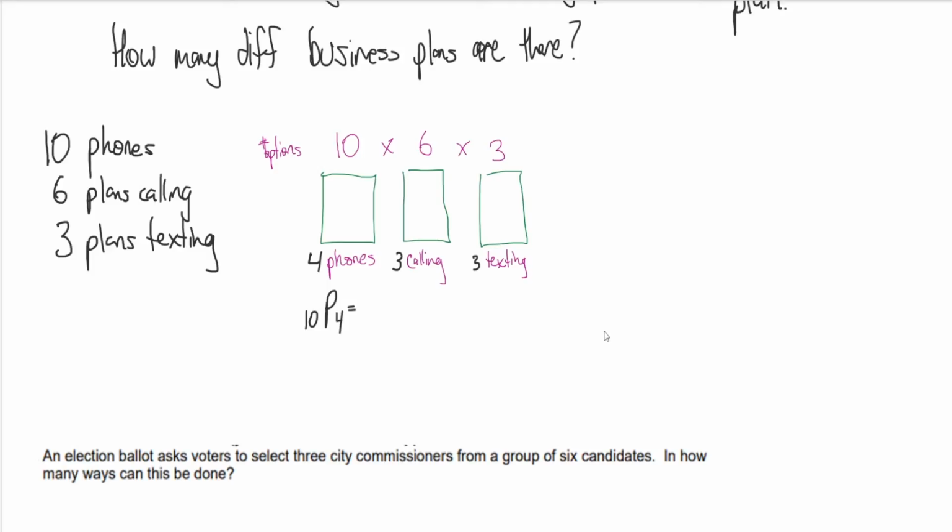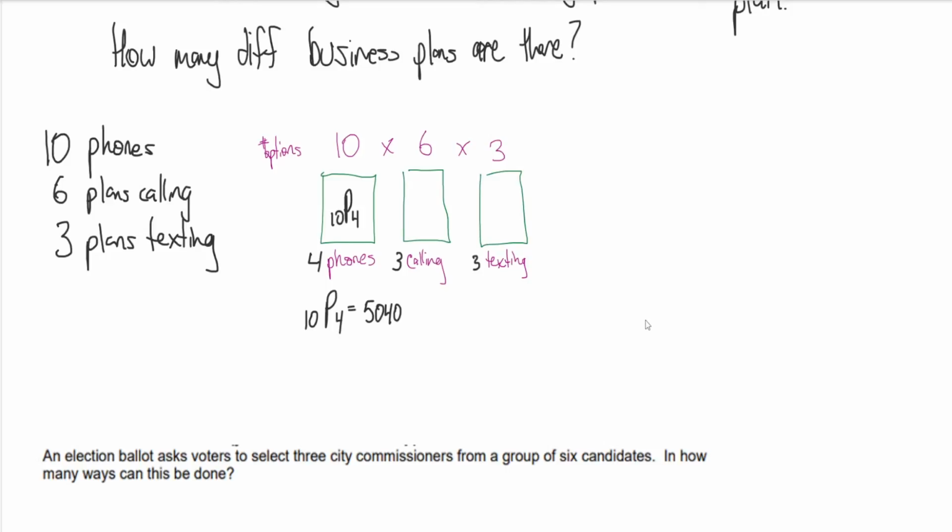So I'm going to do 10P4, and it's 5040. Right? So that's the number of different ways that you could pick those 4, right? And this is 10P4, so that's 5040.